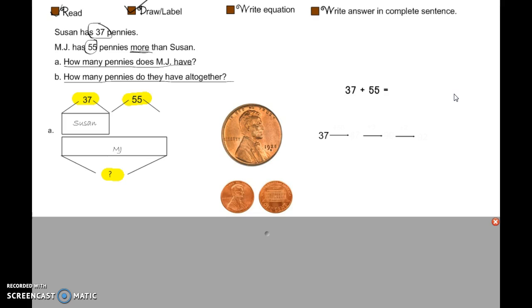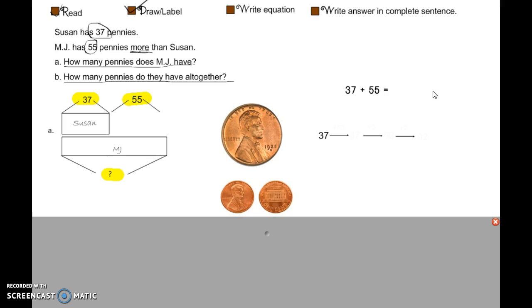Now comes the fun part. To solve this problem, I'm going to challenge you to choose your own way of solving. I'm going to use the arrow notation. But go ahead, pause the video, solve your problem, and then press play when you're ready to come back and check out your answer with me.